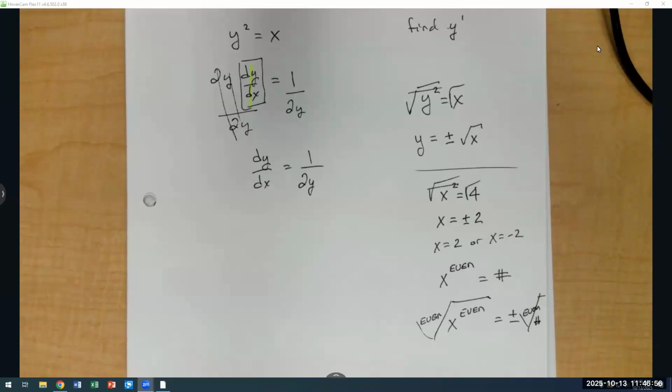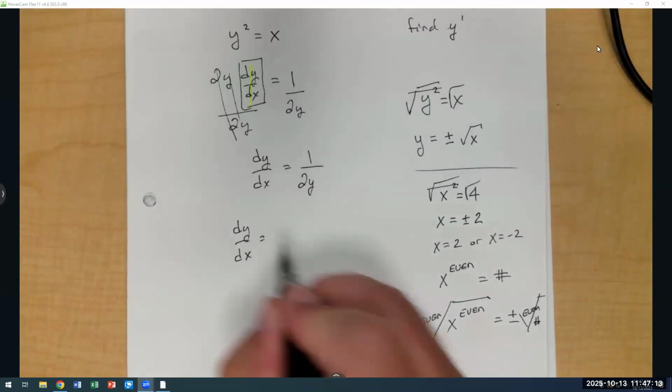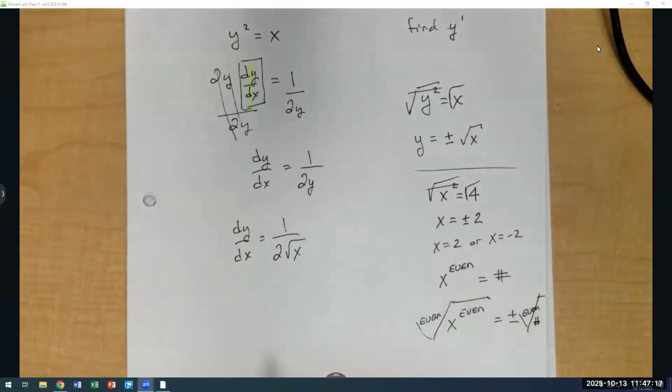Because if it's even, it can be positive or negative. The only time signs are strictly enforced is if it's an odd degree. So our dy/dx is 1 over 2 radical x, plus or minus.